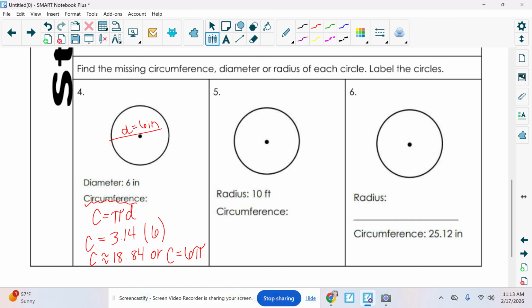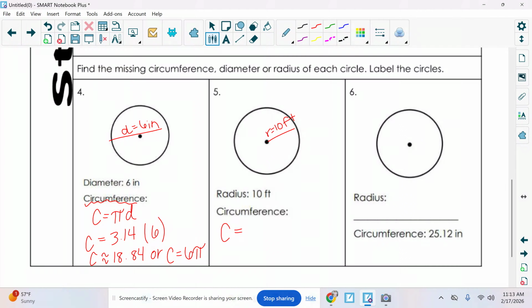All right, number 5. What information do you have? Radius. Show me radius. It's just one arm. So your radius is 10 feet. So your diameter would be, but we're given the radius, so which formula are you going to use? Look at your formula sheet. You've got two options.